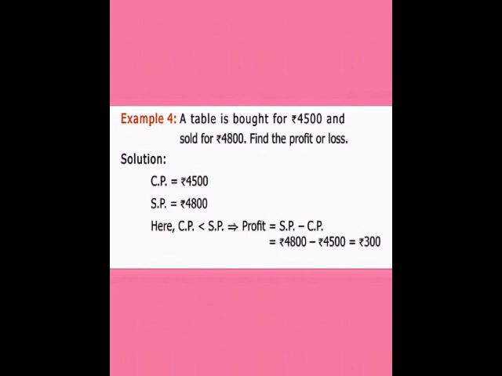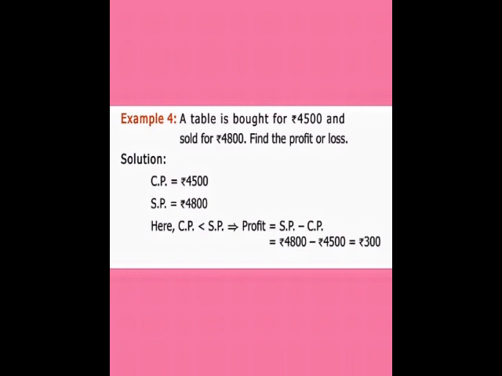Here, selling price is higher, so selling price is greater than cost price, which is a profit. So profit is equal to SP minus CP, which is equal to 4,800 minus 4,500, which is equal to 300 rupees. 300 rupees is the profit for that table.